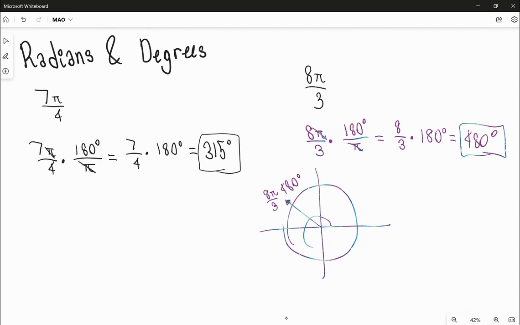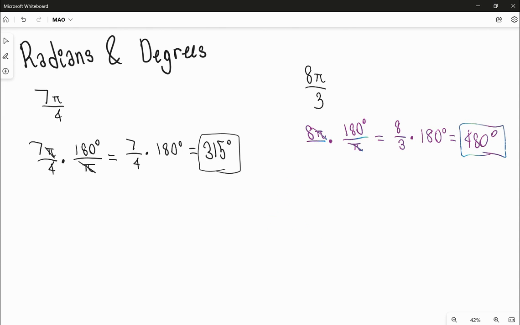You're going all the way around and then some. So if you were solving the distance from the x-axis right here, then you would get pi over 3. If you were solving from the x-axis on the other side, here, you would get 2 pi over 3. So there's all kinds of math going into where it is on the circle.